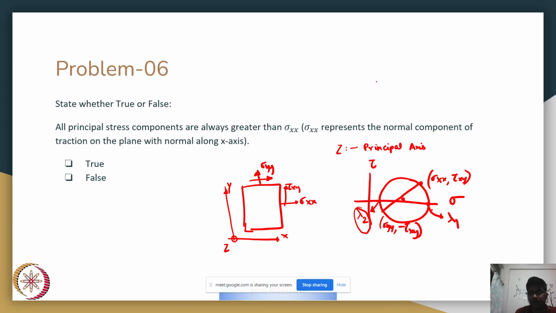So what this statement asks us is if this is true. But if you look at the Mohr circle, you can quickly say that this will not always be the case. In fact, it seems like sigma xx will always be greater than or equal to at least the minimum of the principal stress component.